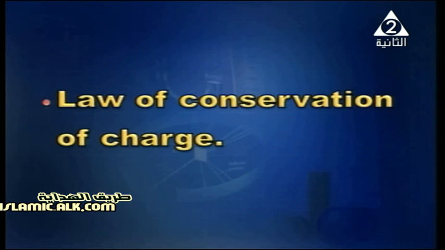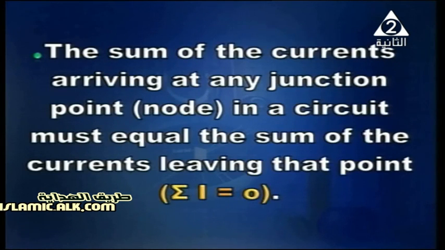And what about the relation that gives the law of conservation of charge? First law of Kirchhoff: the sum of the currents arriving at any node, any junction in a circuit, must equal the sum of the currents leaving that point.